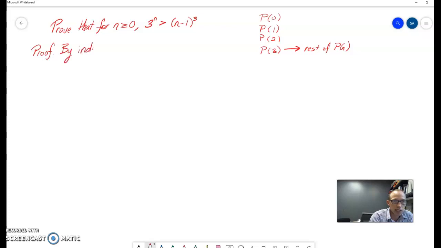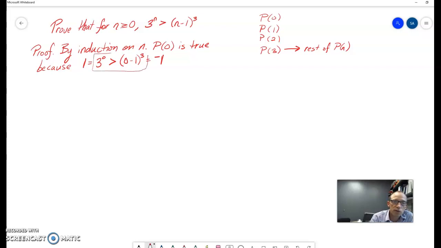by induction on n. So P of 0 is true because 3 to the 0 is greater than... So what I did here, I could have written just this first, which would be plugging in 0 for n here.